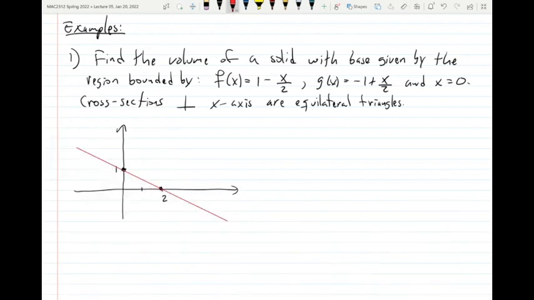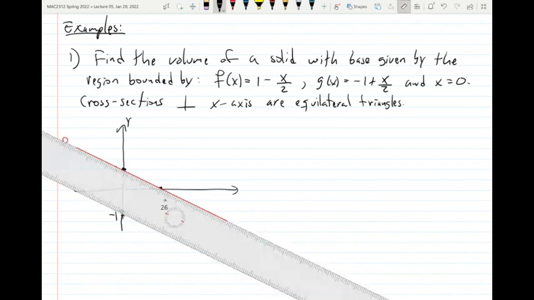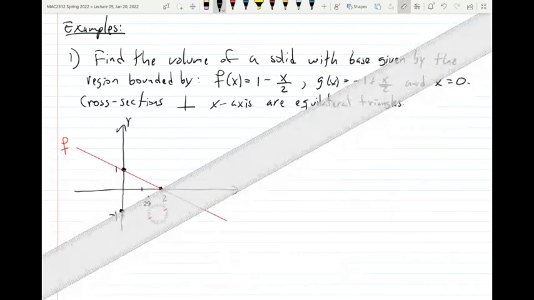Okay, so as with F, G is also a line, with slope positive a half, so it's going up, and it passes through -1 on the y-axis. So here is -1, so it passes through this point, and once again, 2 is the x-intercept. So it also passes through 2, but this time the line is rising, so it looks like this.